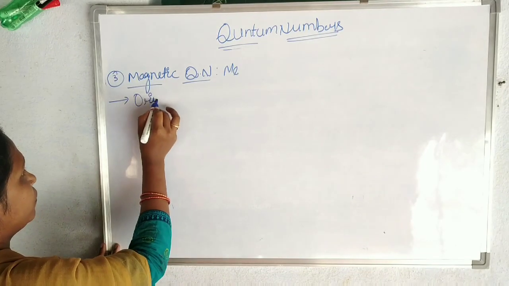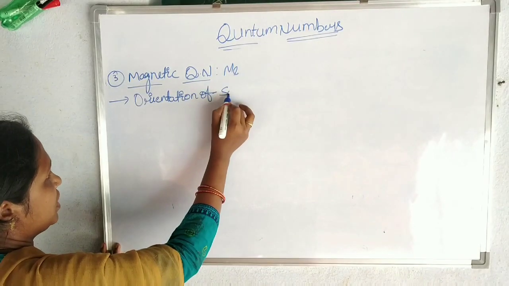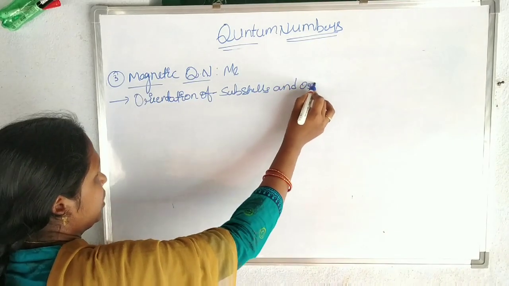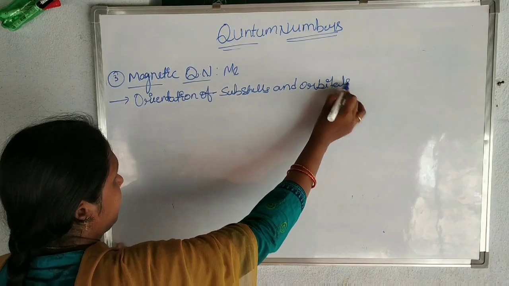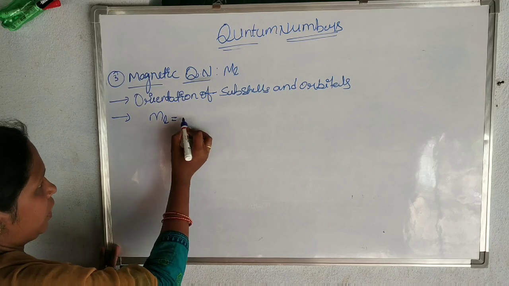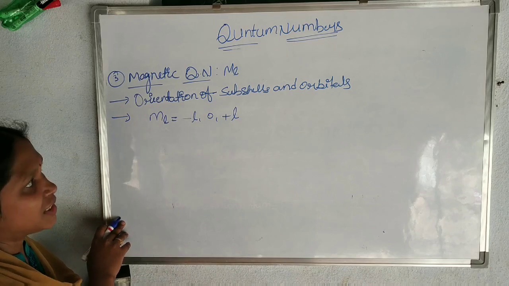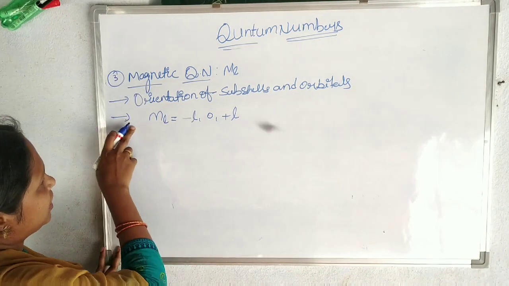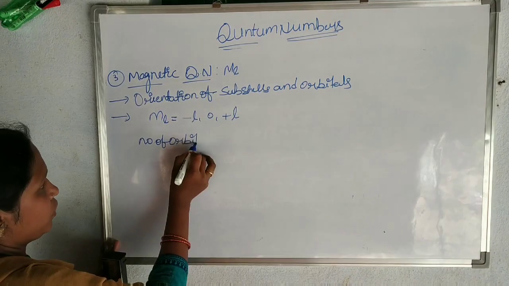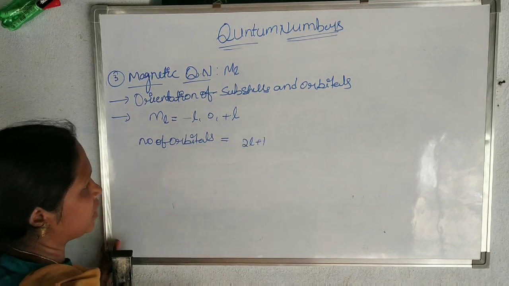ML has values minus L, 0, plus L, and it is the orientation of subshells and also orbitals. The number of orbitals in a subshell is equal to 2L plus 1.